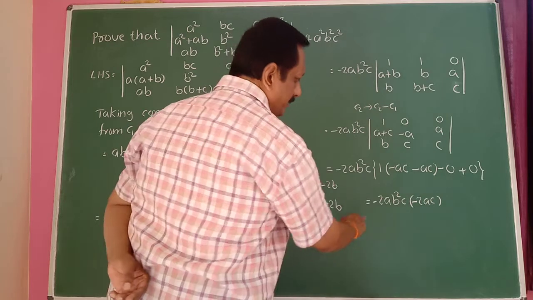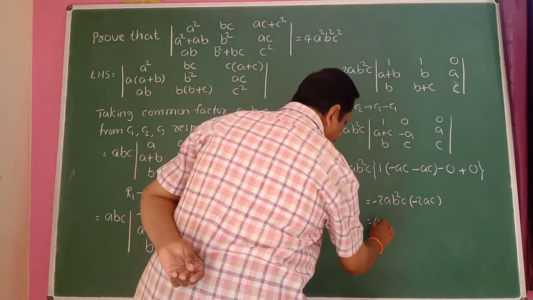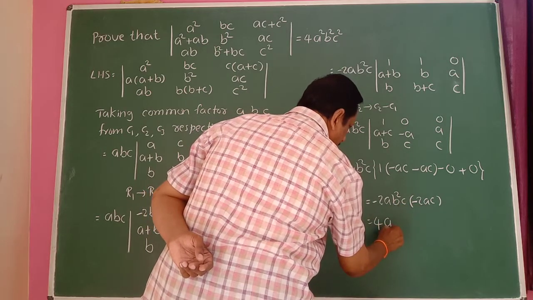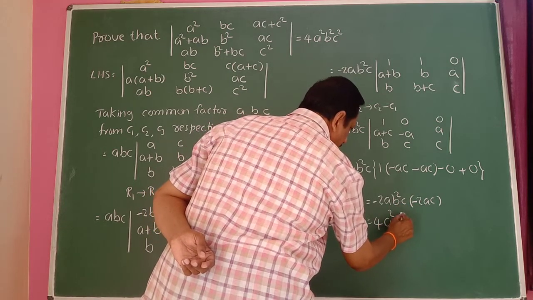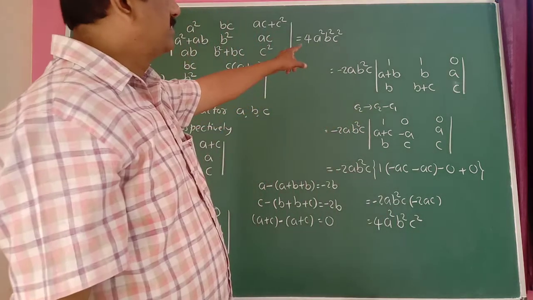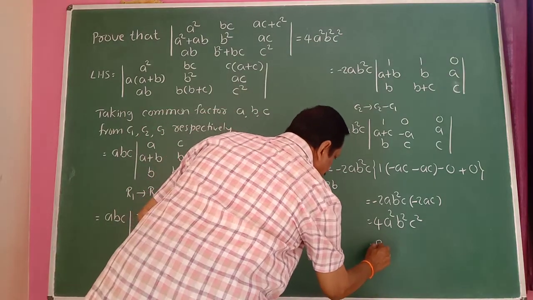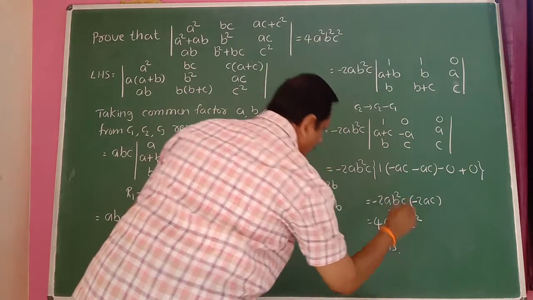Minus 2 AC, minus this minus becomes a plus. 2 into 2 becomes 4, A into A square, then B square, C into this C becomes C square here. Hence 4 A square B square C square, RHS here. So LHS is equal to RHS.